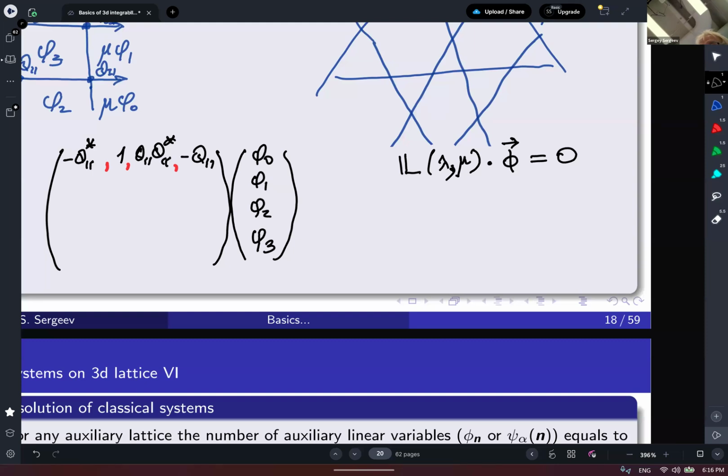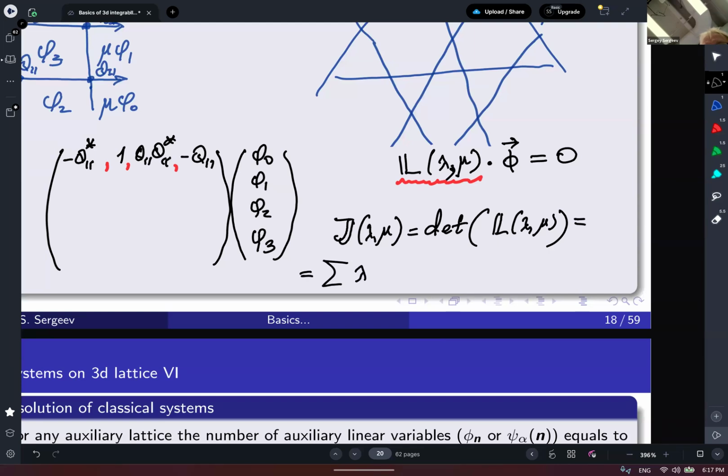And what we are interested in is this matrix, the square matrix. And we can define its determinant. J of lambda, mu defined as determinant of L of lambda, mu. That's polynomial of lambda and mu. It's some lambda power A, mu power B with some coefficients.